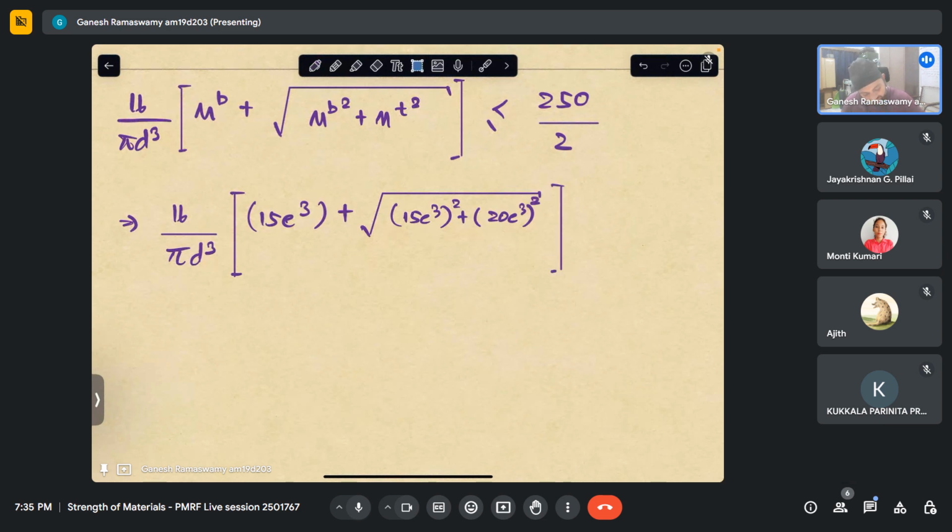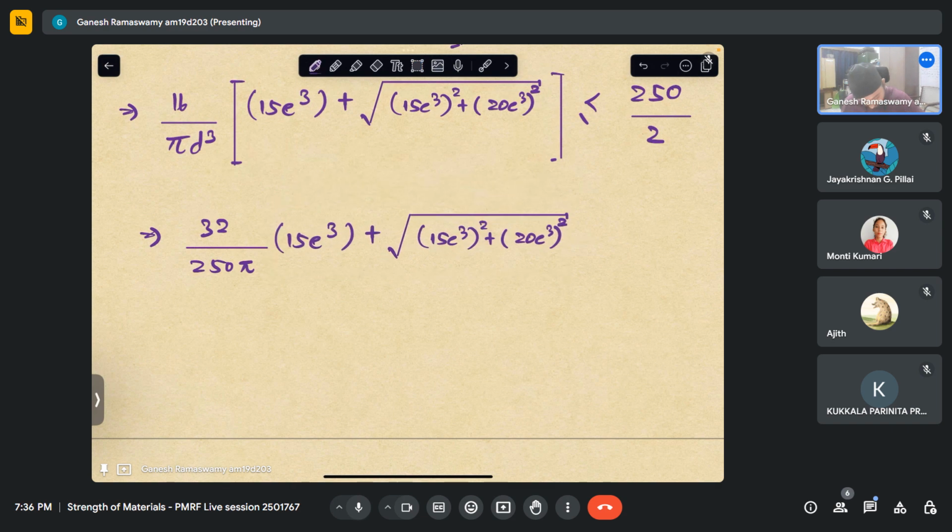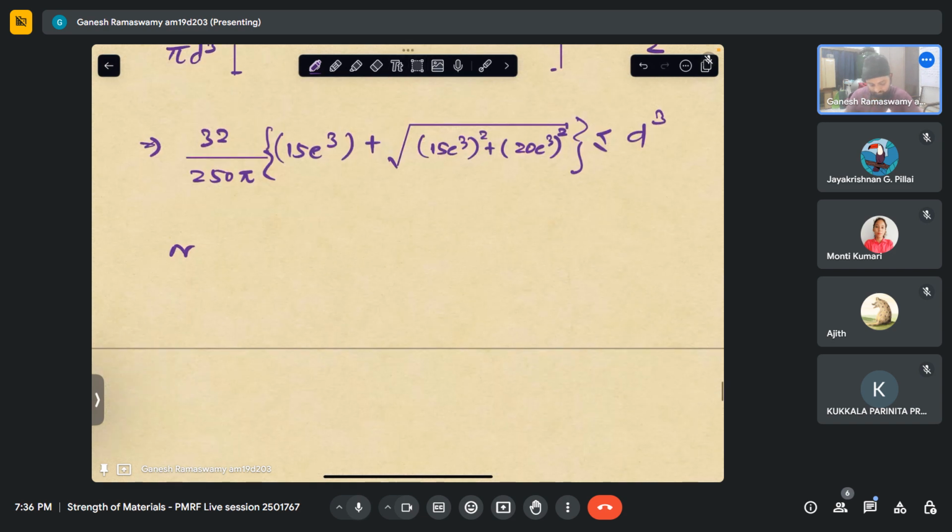From here, I can quickly calculate this. 16 into 2, 32 by 250 pi, into this quantity, is d cubed, or 15e3 plus root over 15e3 squared plus 20e3 squared, into 32 by 250 by pi.